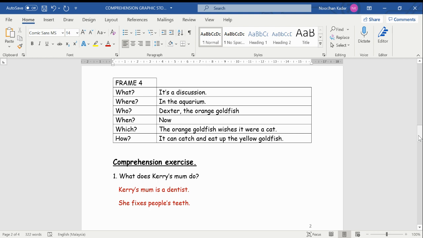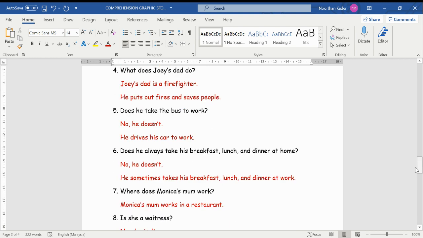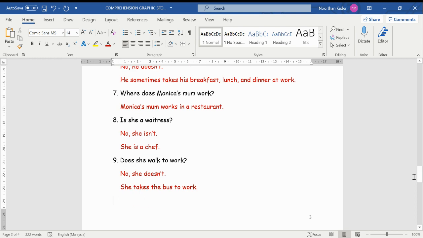So that means we have already finished writing the comprehension questions for number 1 to number 9, which is frame 1, frame 2, and frame 3. Most of the questions refer to the main characters in frames 1 to 3.